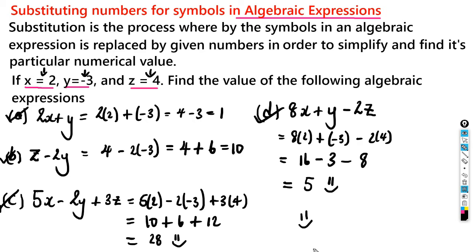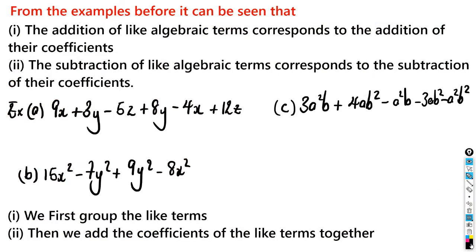All right. So now we're actually going to move on, and we're going to look at adding and subtracting like terms in algebraic expressions. Okay. All right, guys. So we can see here it says from the examples before, it can be seen that the addition of like algebraic terms corresponds to the addition of their coefficients, right?